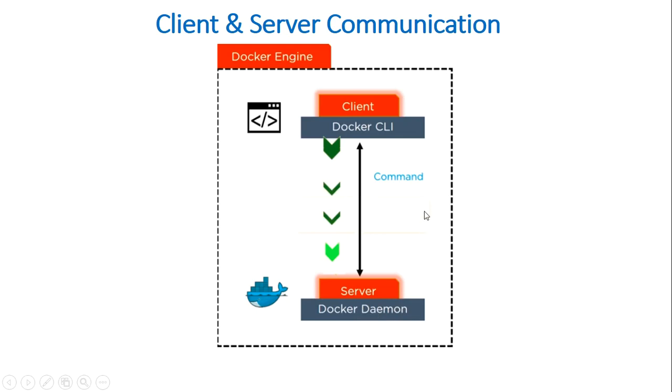The Docker daemon is the service which should be up and running to establish the communication between the client and the server. The commands which we enter in the client will be sent to the server. Based on the command request, the Docker server will send the response back to the client. So this is how the communication works between the client and the server, and the response back to the client.